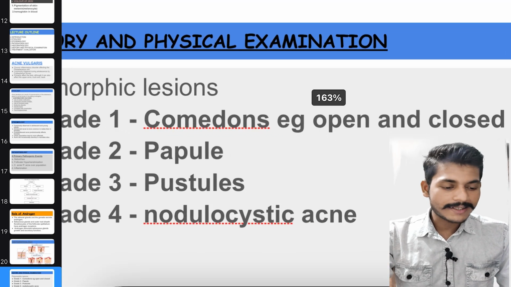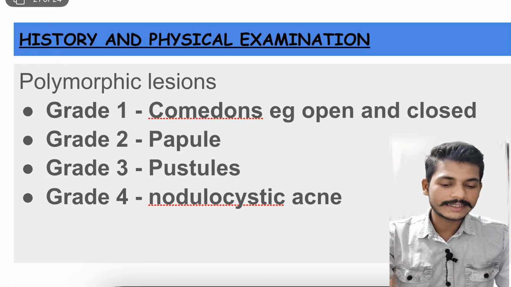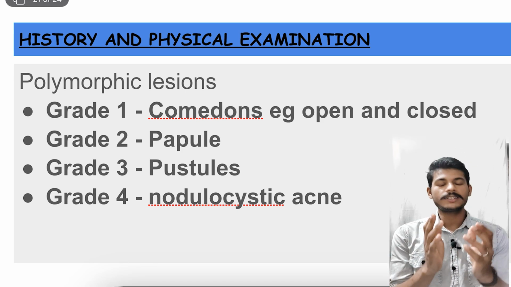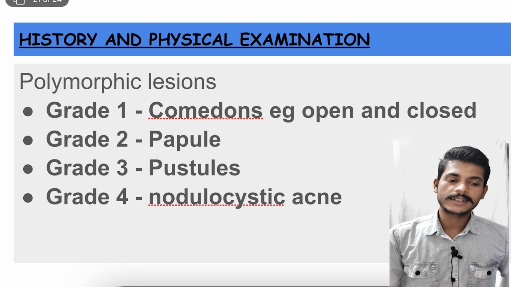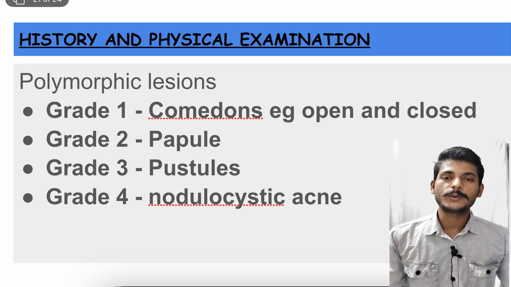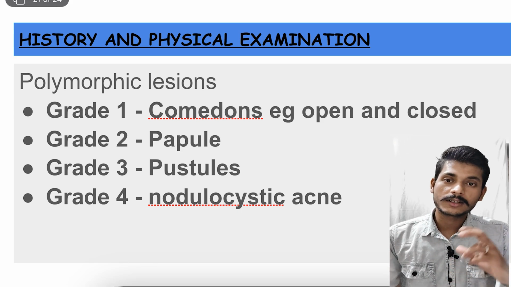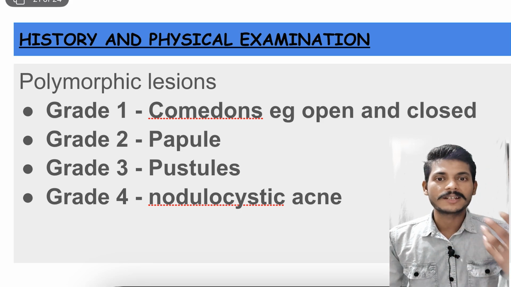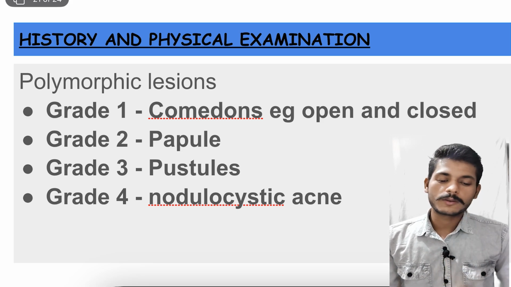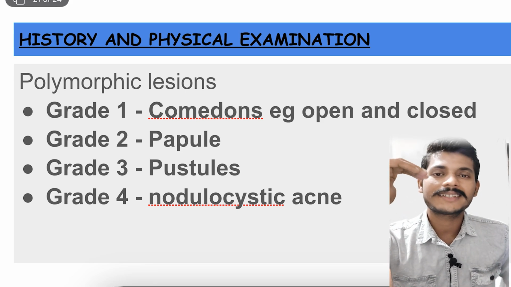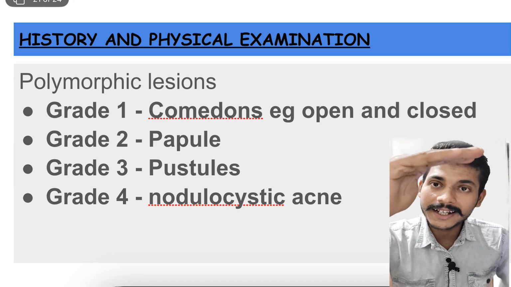Now, as I said in the initial part of this lecture, we discussed that there are certain diseases where we have to count the numbers. In the case of this disease, we have to consider the number. We have to understand the growth progression, how the acne is developing numerically. So whenever there is an assessment of acne, we have to grade it.